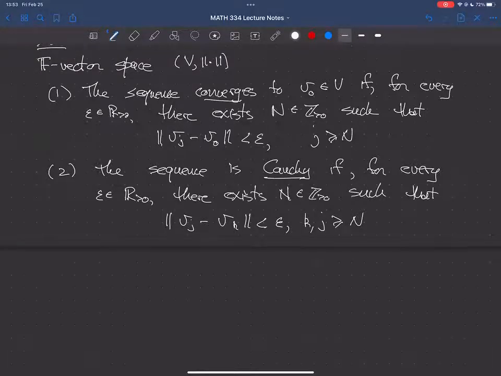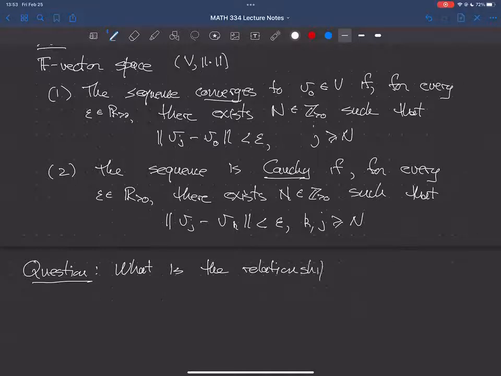So the question you want to ask here is, what is the relationship between convergent and Cauchy sequences?